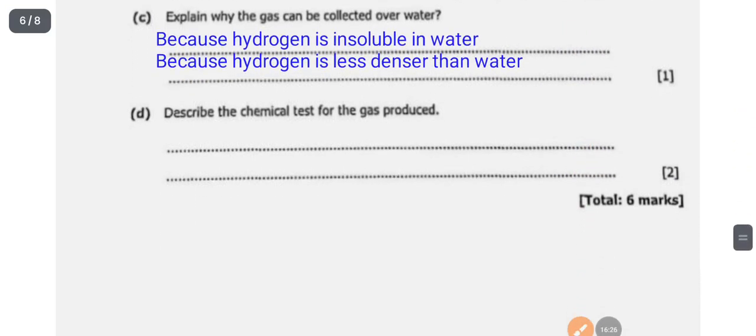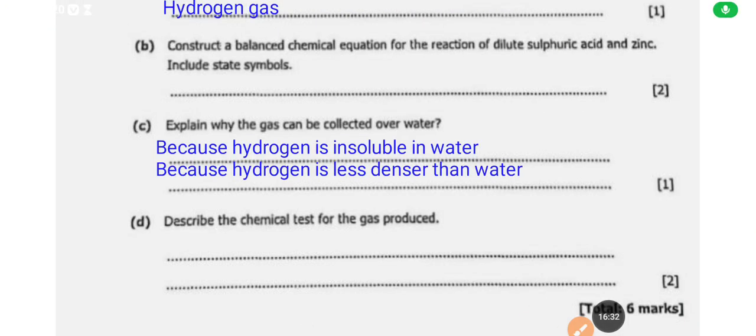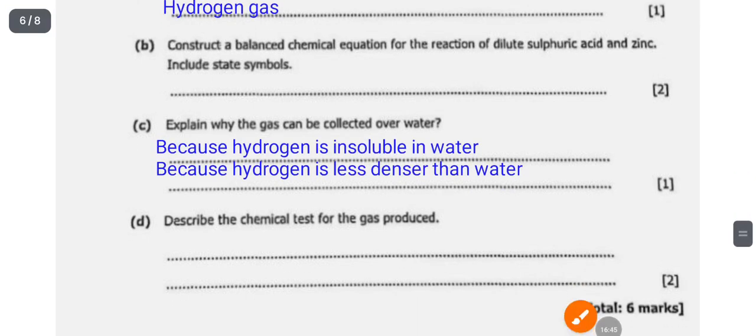Question D. Describe a chemical test for the gas produced. So the chemical test here would be that when the gas is introduced to a lighted splint, it burns with a pop sound.